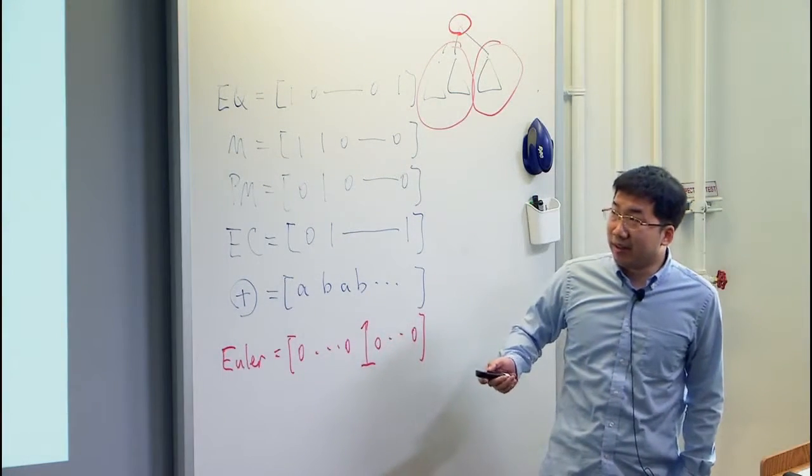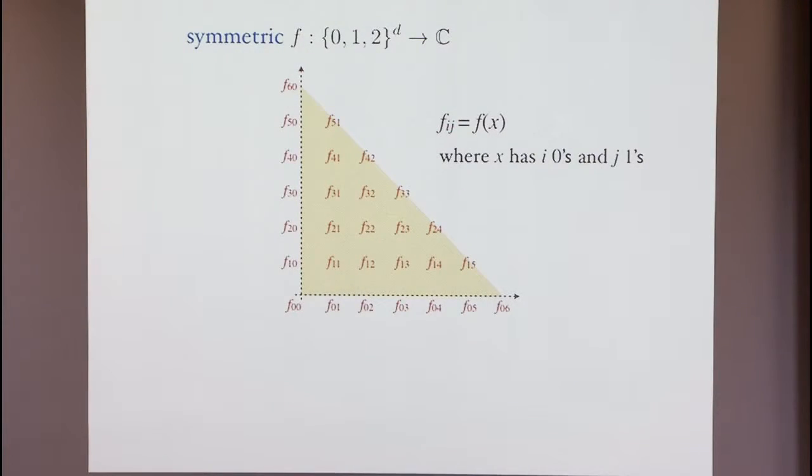The regularity of this Eulerian signature depends on the degree. For a symmetric function of general domain, like domain 3, the signature is a simplex, and the subinterval becomes a sub-simplex, a smaller simplex.